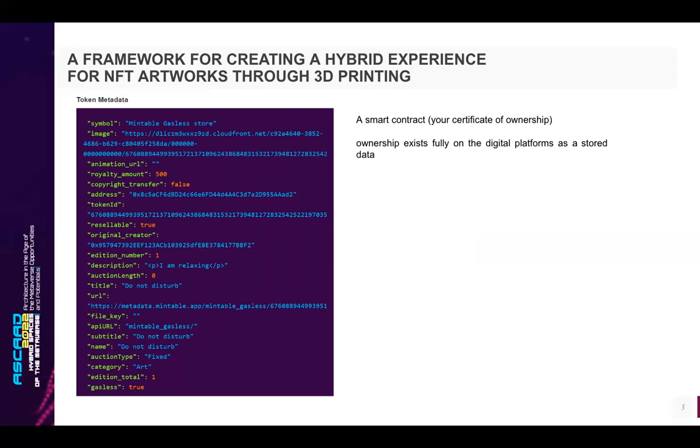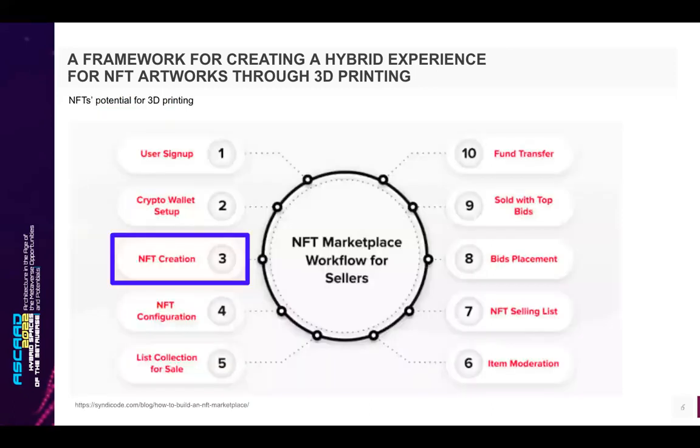So this ownership exists fully on the digital platforms as stored data, so nobody can change it, and nobody can manipulate the token metadata. And this is an example from the Mintable website. You can find many others, which enable you to buy or sell your NFT.